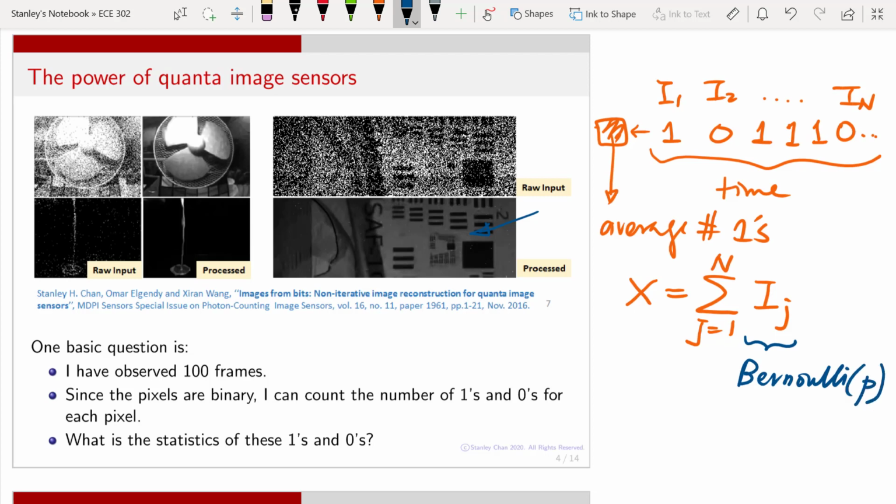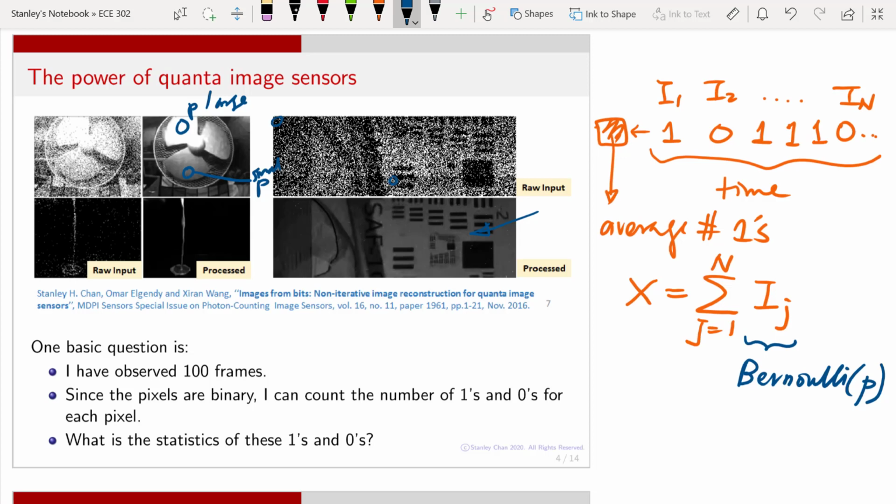Now, let me remind you, the p really depends on the location. The p here will be different from the p there. So this would be a large p because it's a very bright region. This would be a very small p because it's a very dark region. But anyway, we're looking at this X, and of course the X here would be different from the X there.